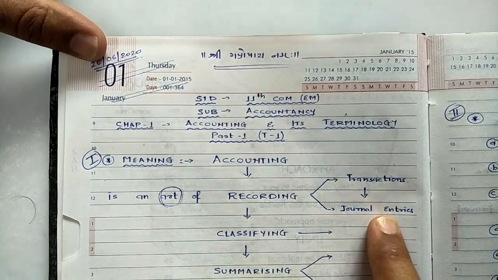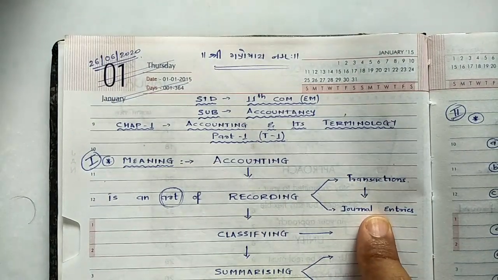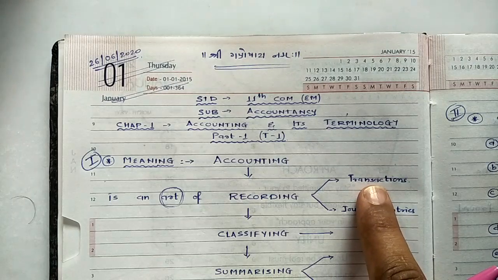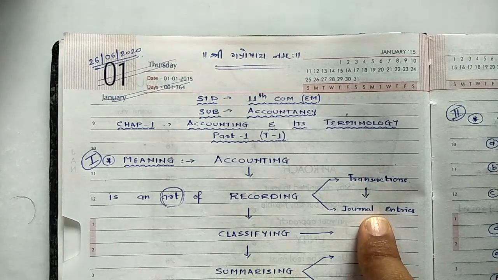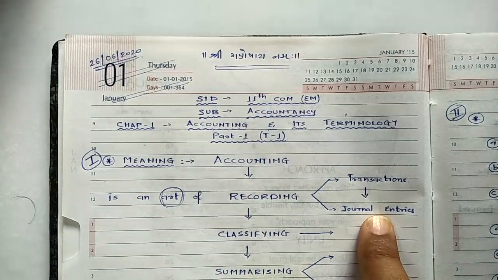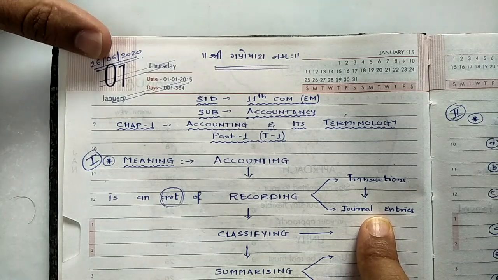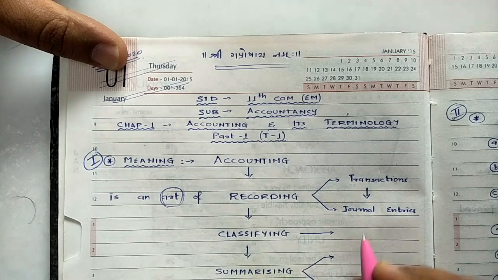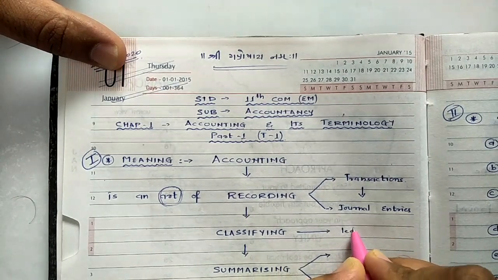In journal entries, in simple manner you can say, we convert the normal language related transactions into accounting language. However, from journal entries also we cannot derive what we are writing here. So from journal entries further we need to classify them into ledger accounts.